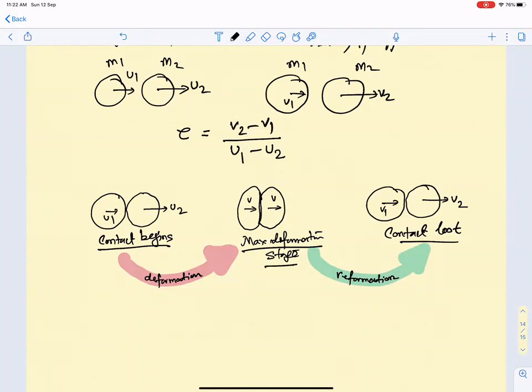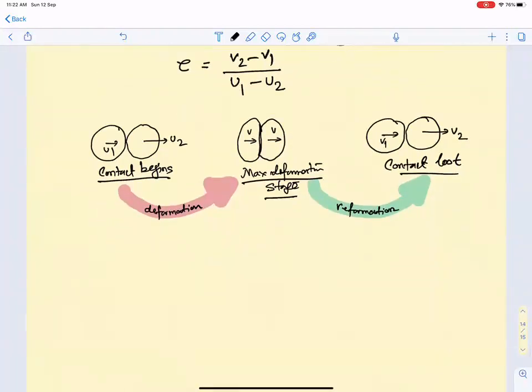If it is a perfectly elastic collision, then the whole of the shape is regained, and if it is partly elastic, a fraction of the shape is regained while it carries some permanent deformation.